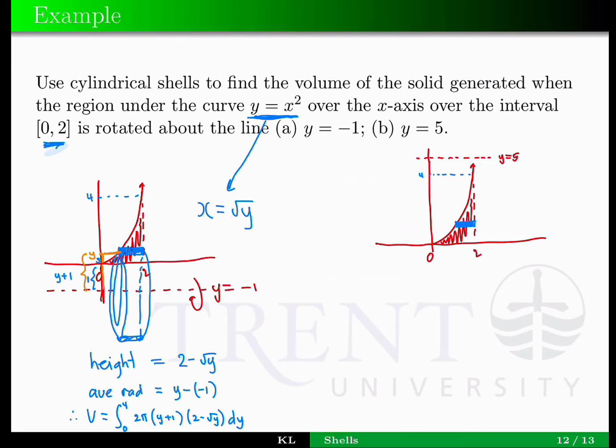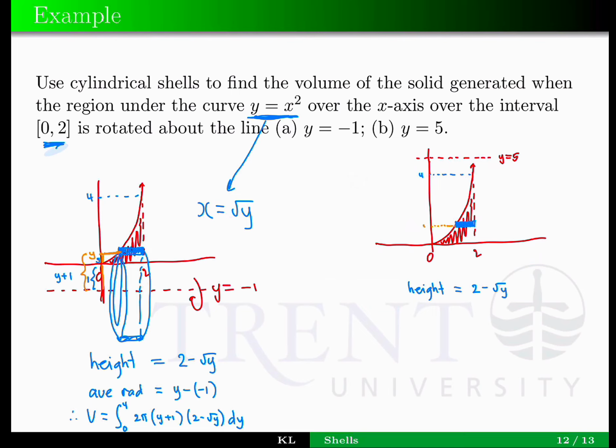Height is still the same as in the previous one. It's still from this point up to this point, so it won't change. It's 2 minus square root of y.